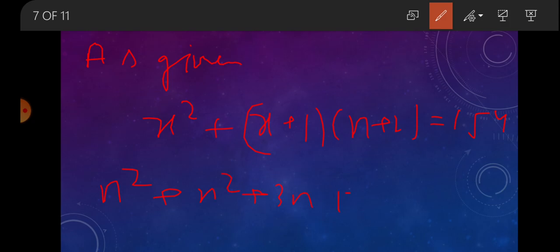I am calculating it directly, you can solve step by step. So it will become 2x square plus 3x minus 152. Now you can again solve this particular equation. I am leaving all the equations for you to solve. If you have any doubt, then you can ask me, but try all these equations by yourself, because this will improve your practice.